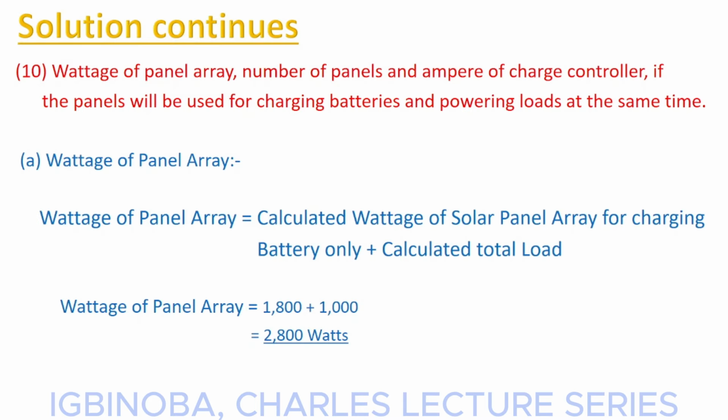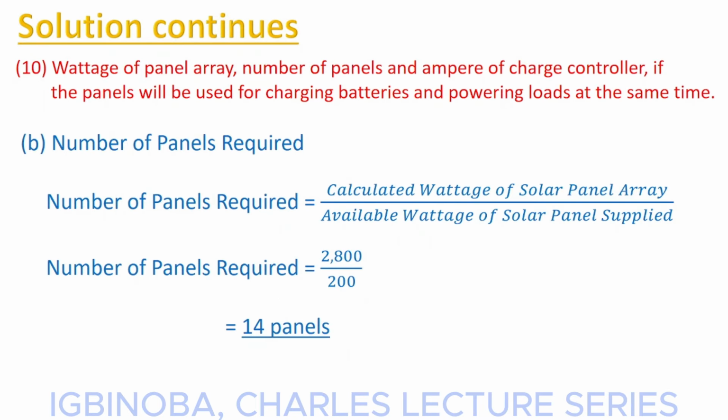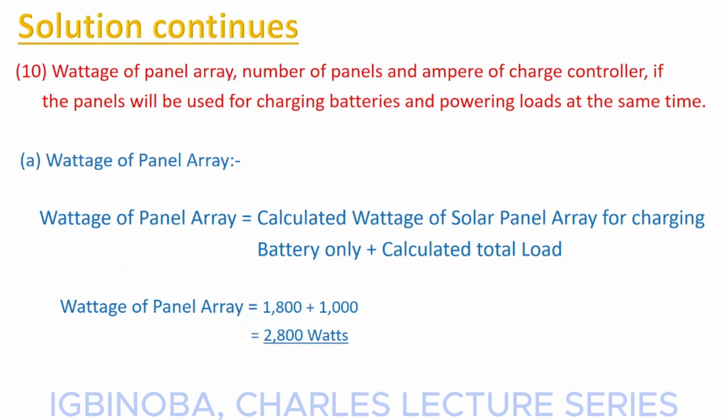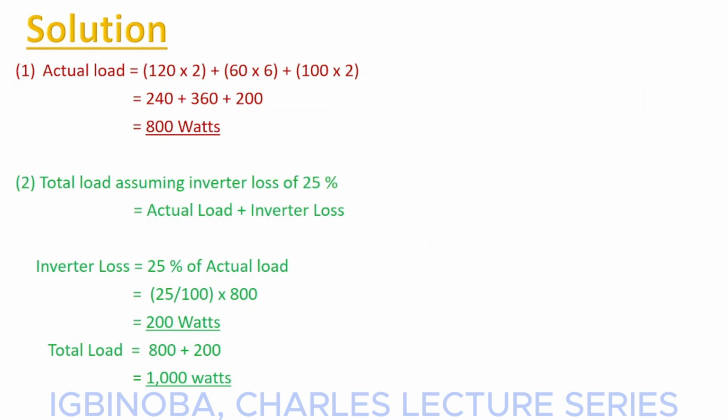So if you use that 9 number of solar panels to do this particular question, you will not charge your battery effectively. So in order to handle a situation whereby you will still be charging your battery and also be using your load, what you need to do in this case, you will take the wattage of your solar panel you calculated, which is 1800 watts, and you are going to take your total load you calculated from example 2, which is 1000 watts.